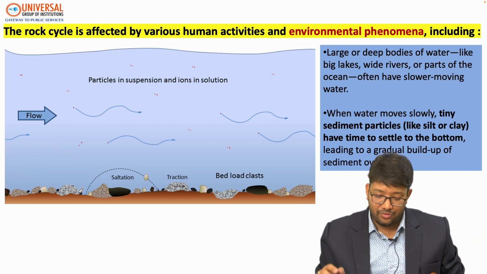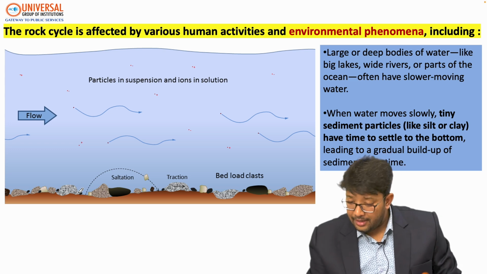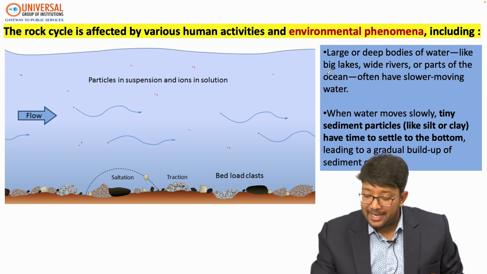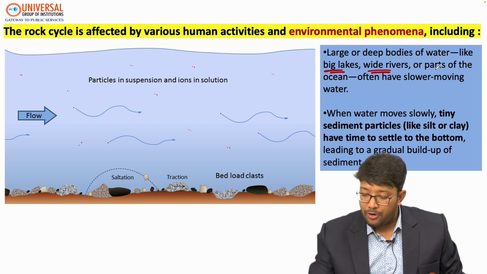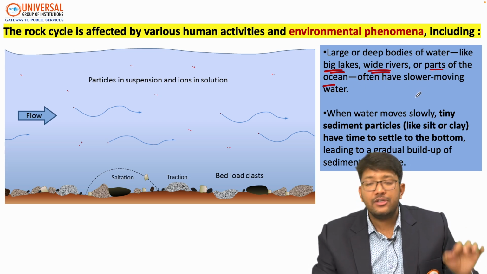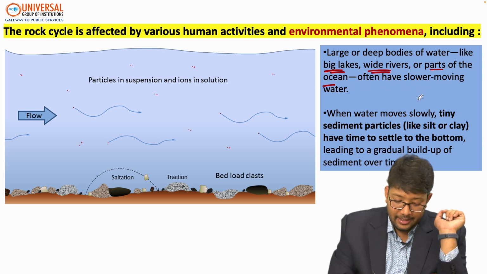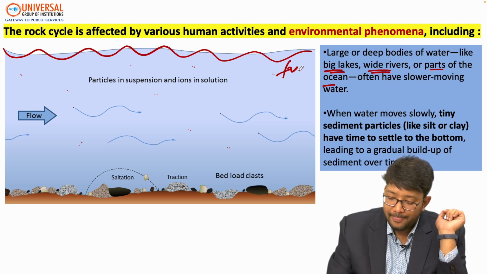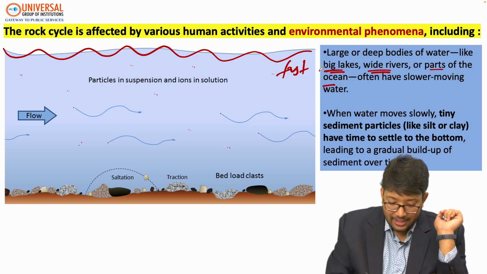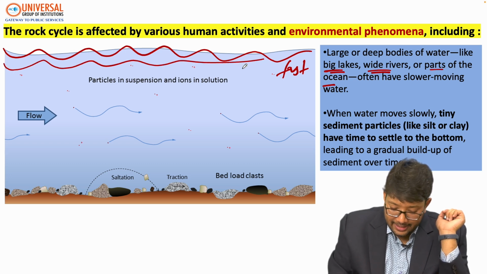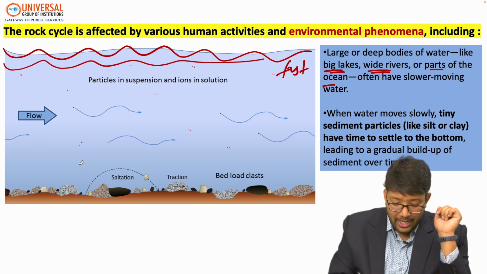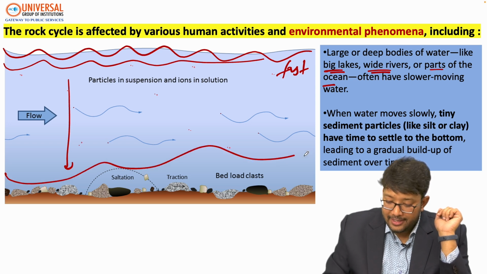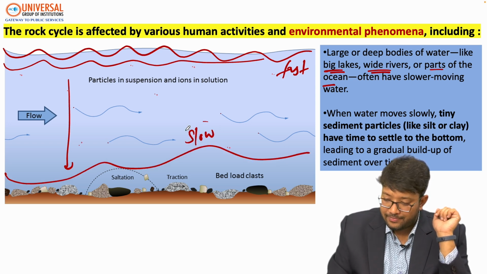Fine. Let's move to our main point. Large or deep bodies of water, like big lakes, wide rivers or parts of the ocean, often have slower moving water. See, water will always move fast here only, the ocean waves are here only. As we go deeper into the ocean, the movement will be slower, not that fast.